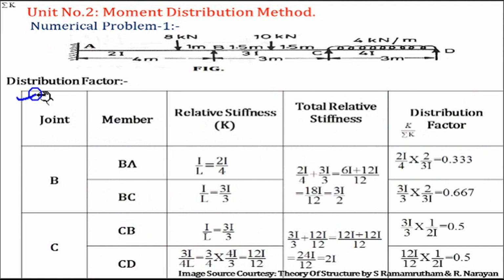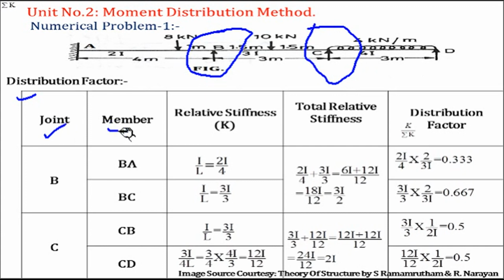Now next is distribution factor. Now find out distribution factor for internal joint. The internal joints are B and C. So write down first column of joint, second column of member.